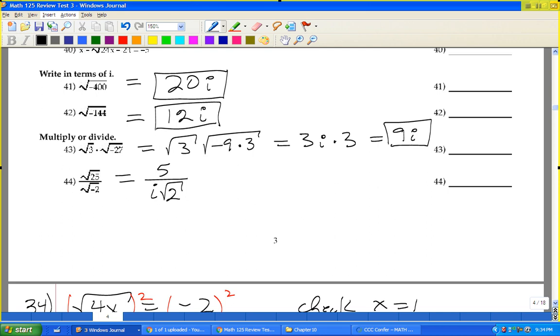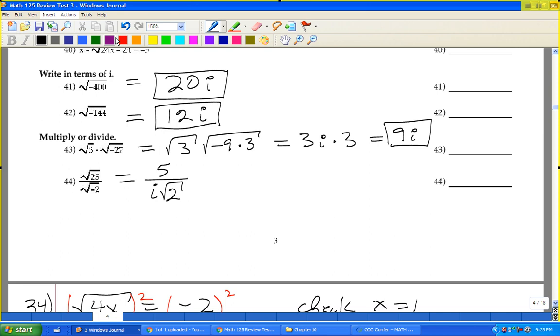It actually doesn't say to rationalize the denominator, but I guess I'll do that because I imagine that's the way she wrote her answer. So let me rationalize the denominator.